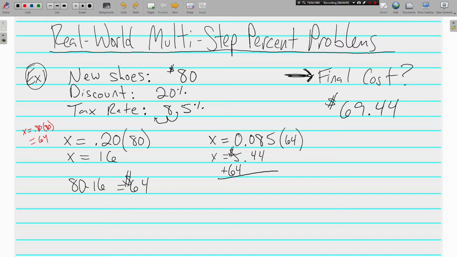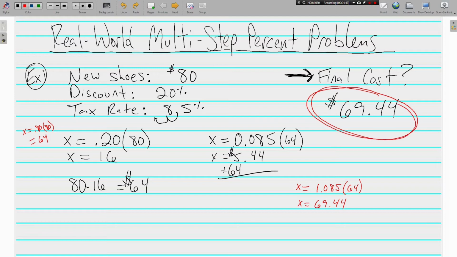We also could have done 1.085 times 64. Here, we added the tax rate onto the entire price of the shoes, and that gets us straight to the $69.44.